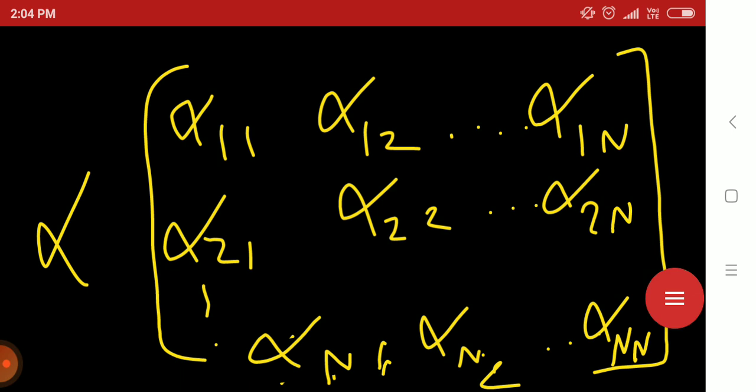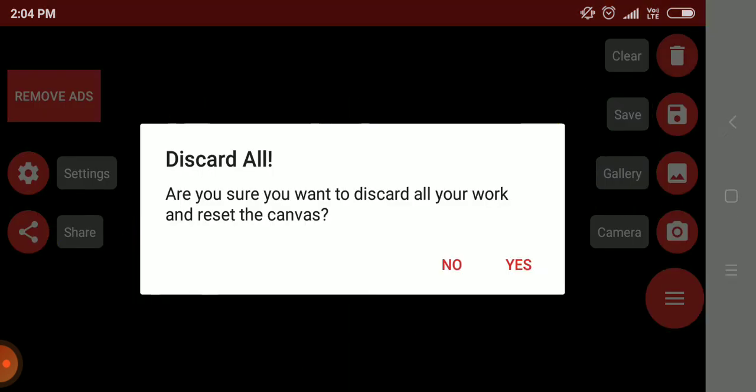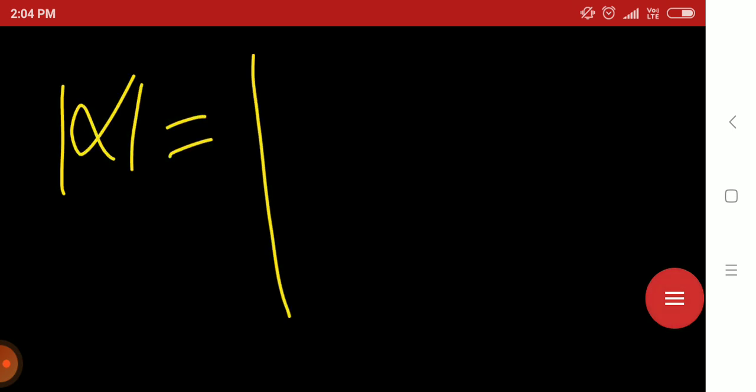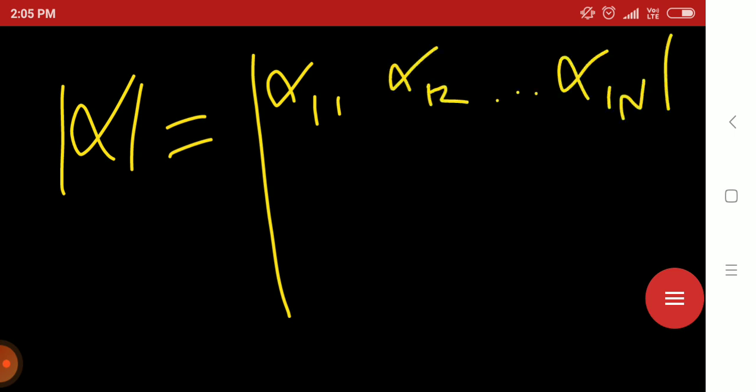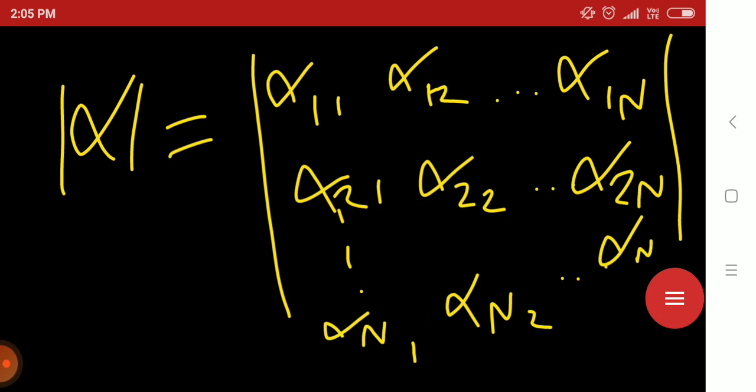So what are we getting? If we take the determinant of the matrix, then it will be called the transformation determinant. So the transformation determinant will be written as alpha 1 1, alpha 1 2, alpha 1n, alpha 2 1, alpha 2 2, alpha 2n, alpha n1, alpha n2, alpha nn.